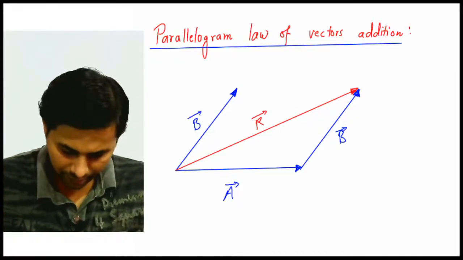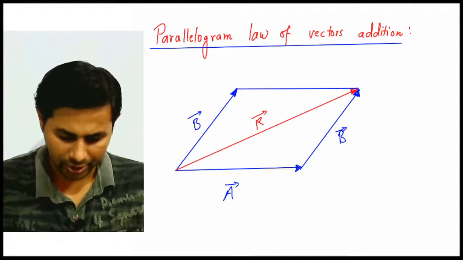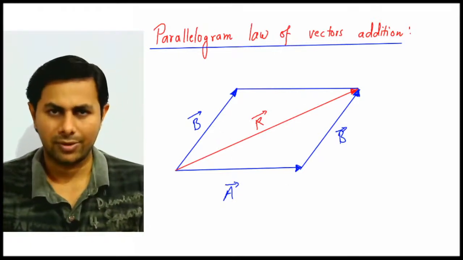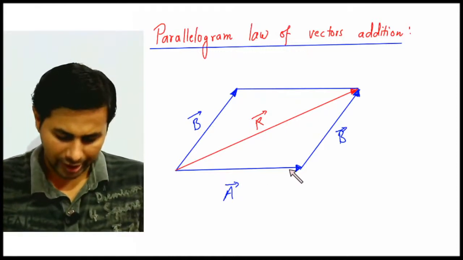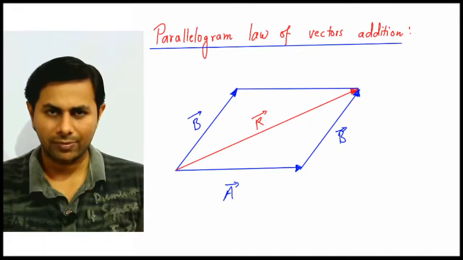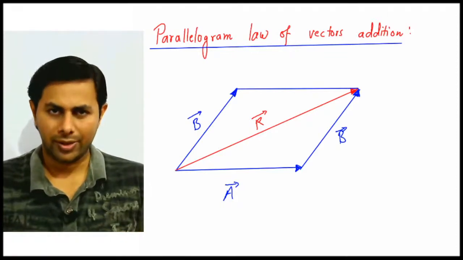Now if I join this point and this point, then what do I get? I get a parallelogram. So now a bar and b bar are represented by two sides of a parallelogram starting at the same point.